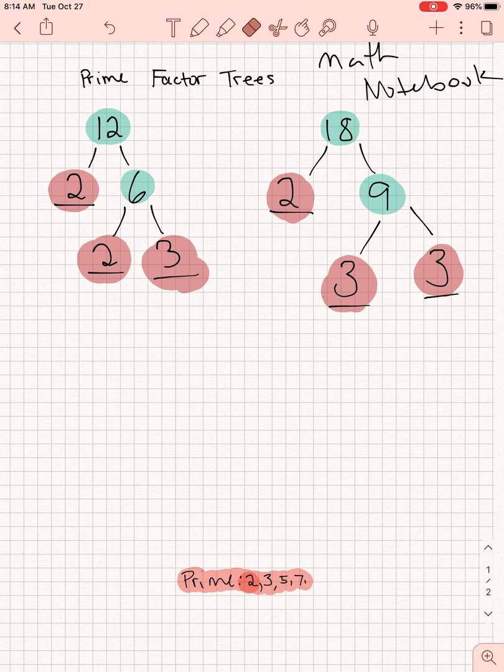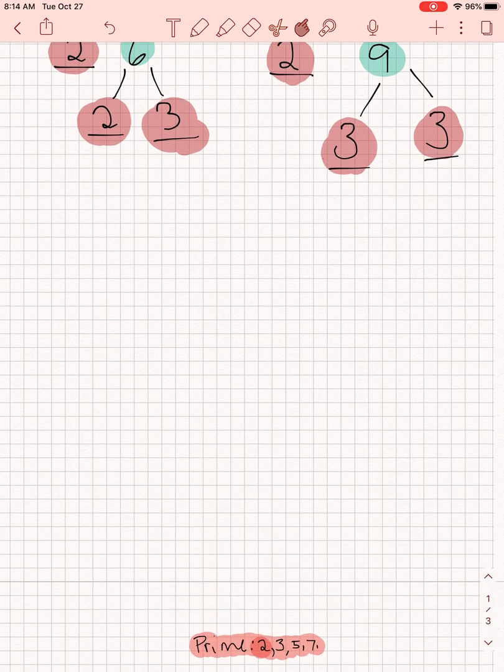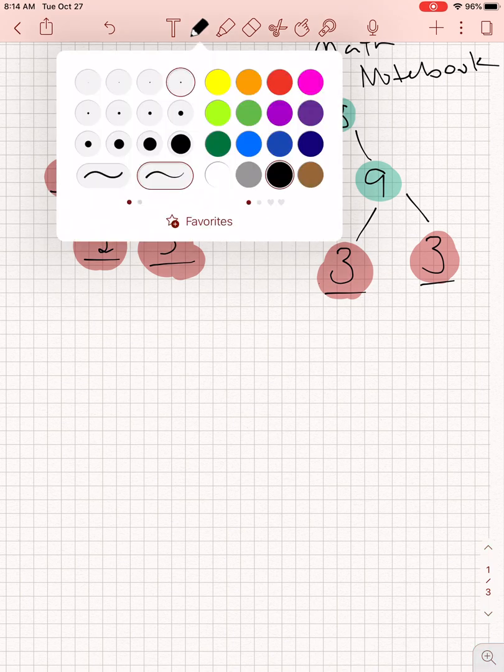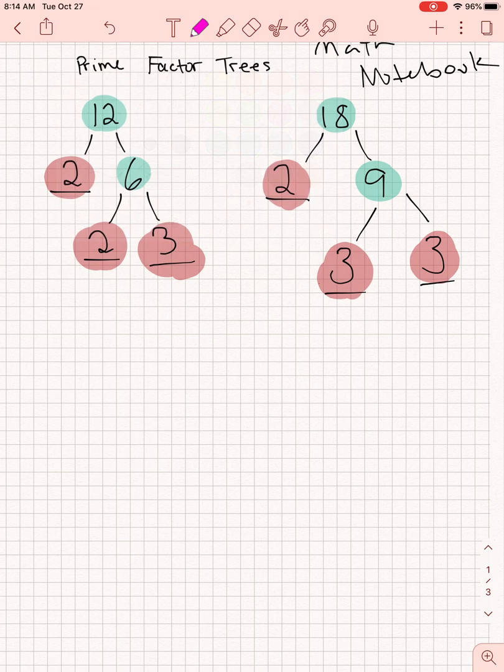Here's the important step. Make sure that you have your math notebook ready, and that you're ready to take some notes. So, step 1, make a prime factor tree for both numbers. Write this down. I'll just explain how to do it first. The first thing I'm going to do is circle any pairs of numbers, any prime numbers that these both have in common.